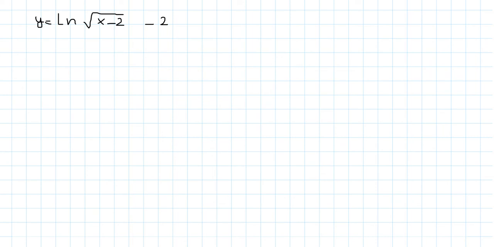So I know at x equal 2, it is my vertical asymptote. Now you can give some points, x and y. If x is 3, y is minus 2. If x is 4, y is minus 1.65.